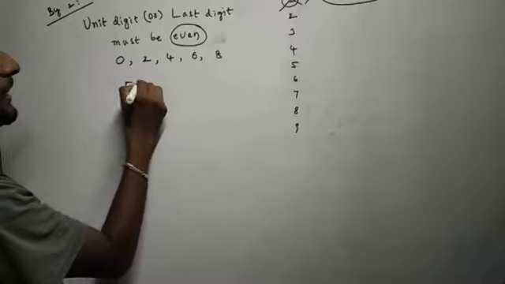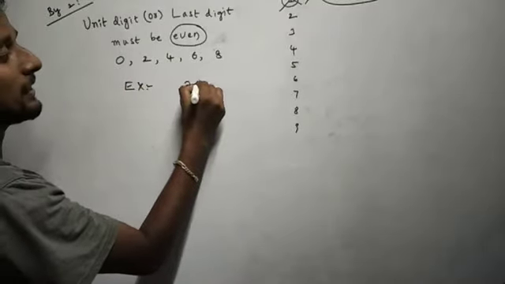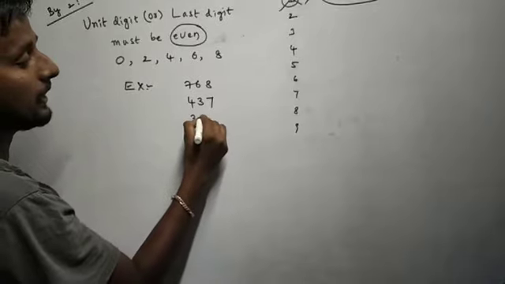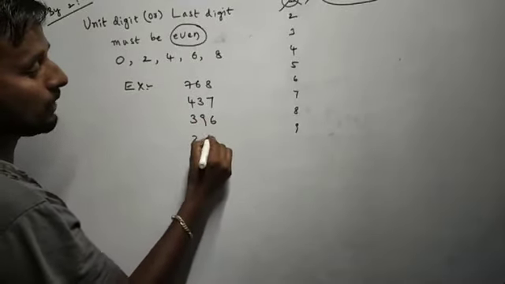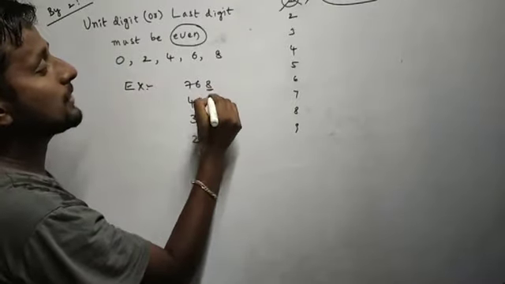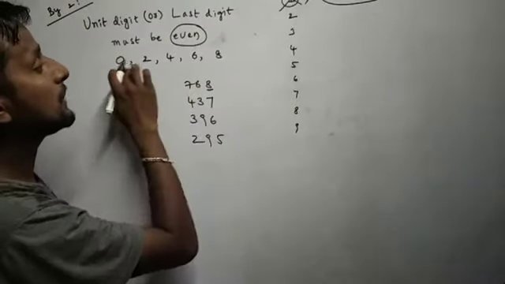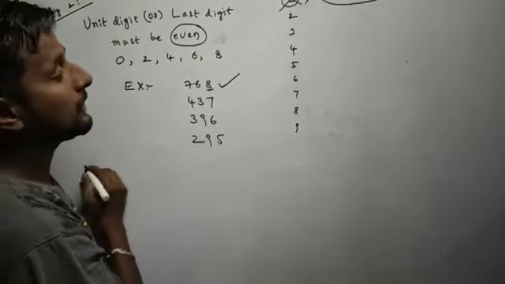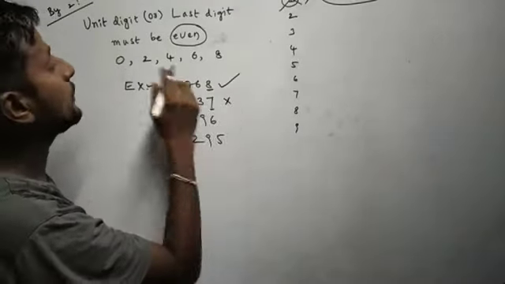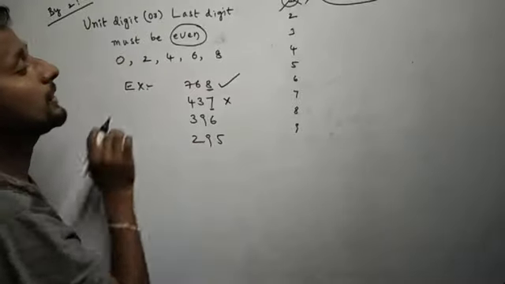Now examples are 768, 437, 396, 295. Now just mark the last digit, right? So last digit 8. So 8 is one of the digits from here, so it is divisible. And here last digit 7. It's not divisible because there is no digit 7 among them.